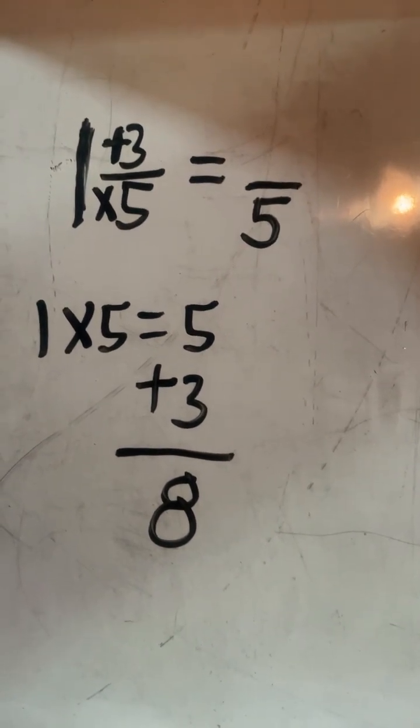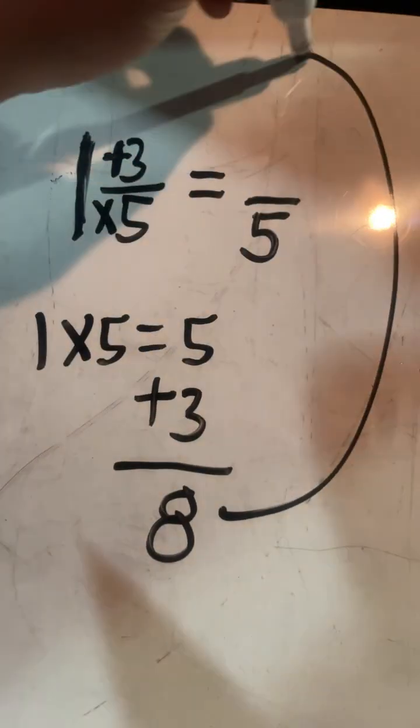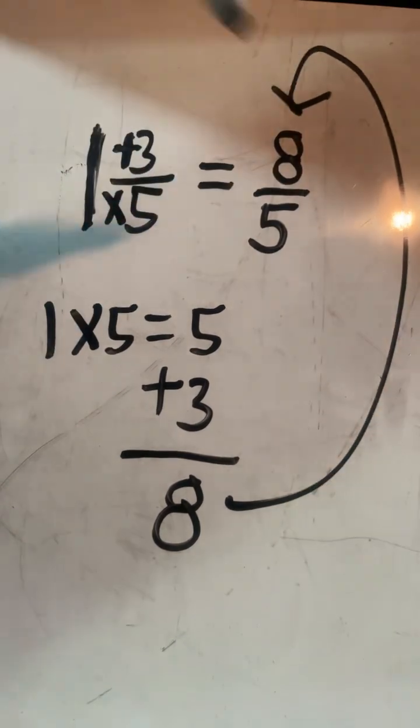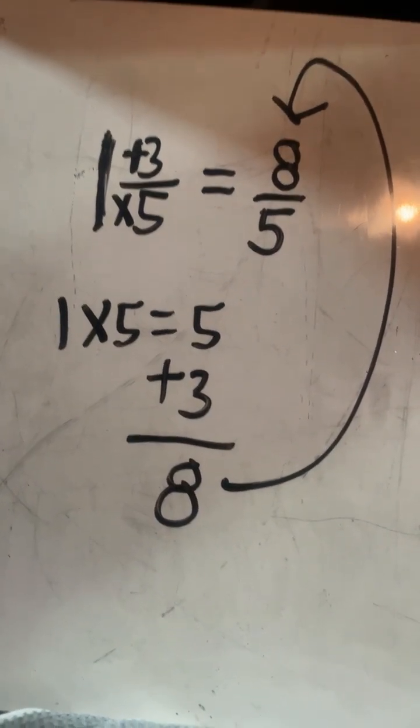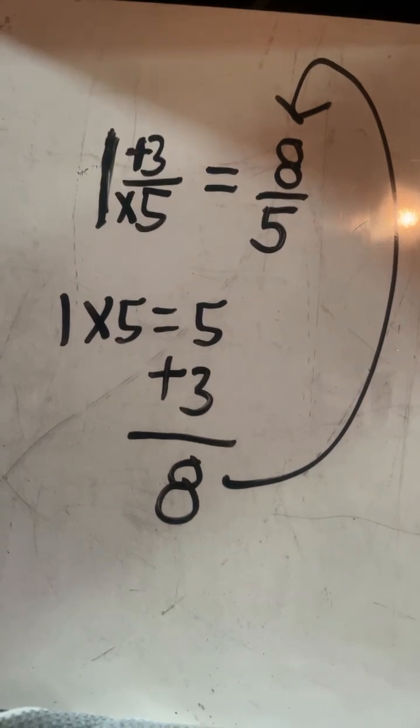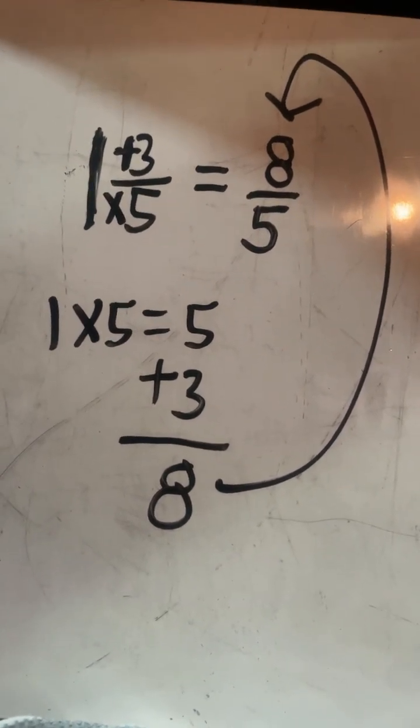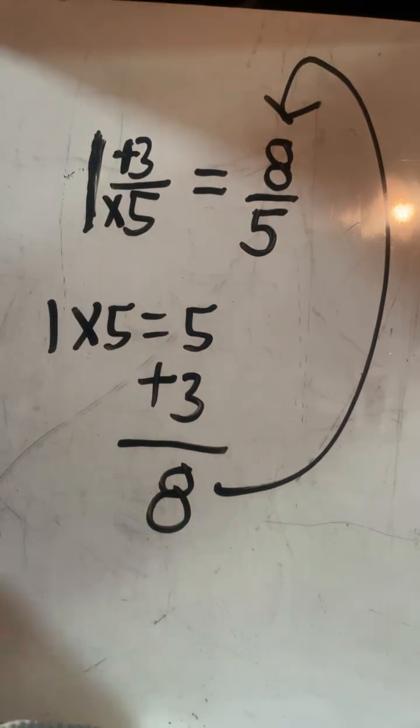So 8 is our numerator. That's the top number in our improper fraction. 1 3/5 equals 8/5.